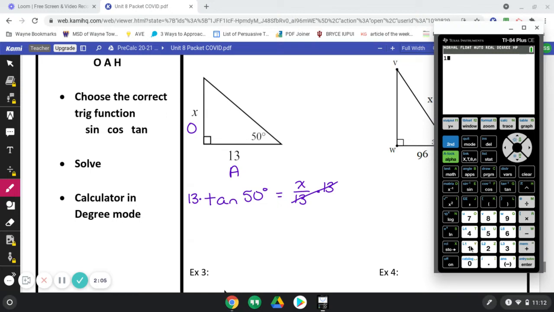Then you're going to type in 13 times the tangent of 50. I'm rounding to the nearest tenth place, which gives me x equals 15.5.